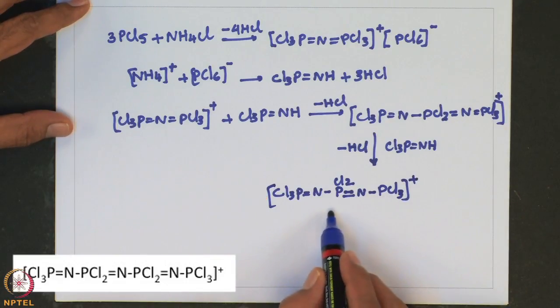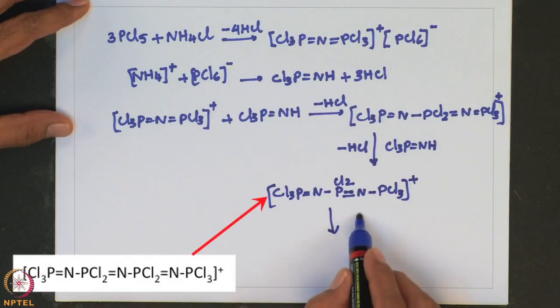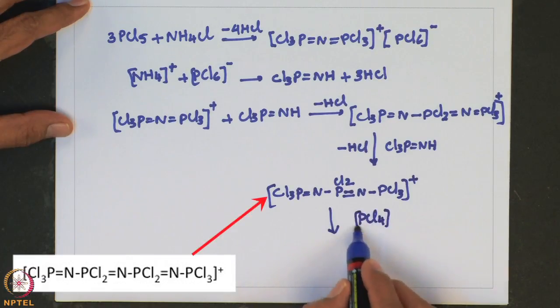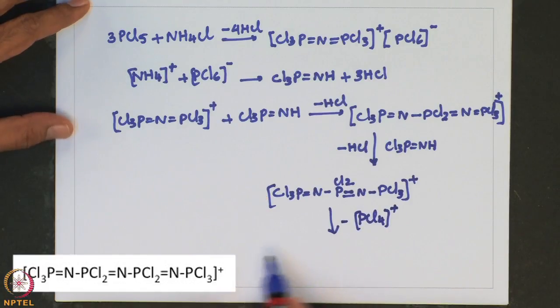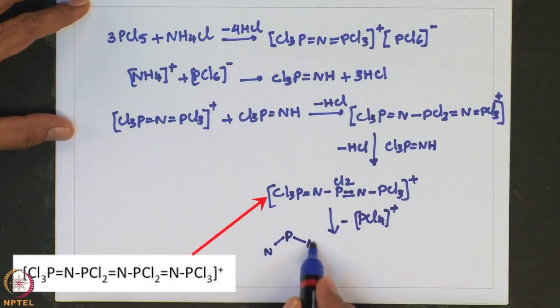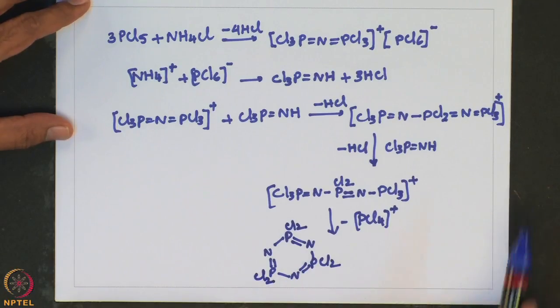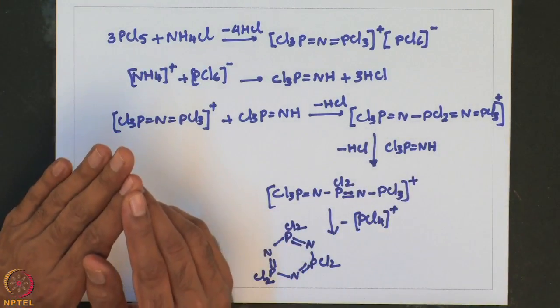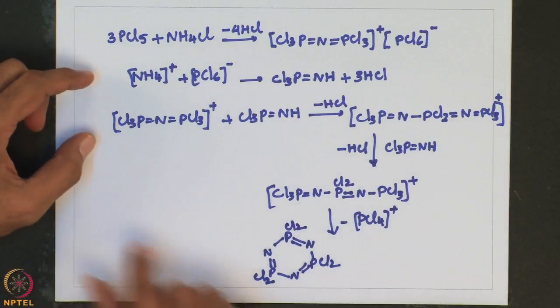So, this eliminates one molecule of PCl4 plus to form the trimeric species. Okay, so these are the sequence of reactions involved in the preparation of the trimer from PCl5 and ammonium chloride.